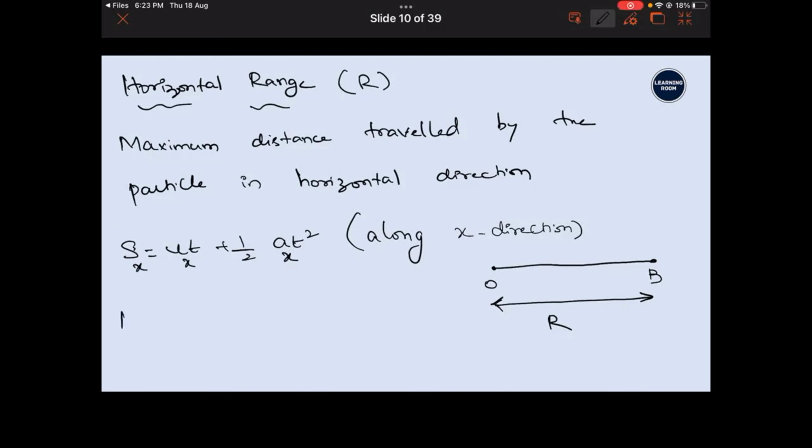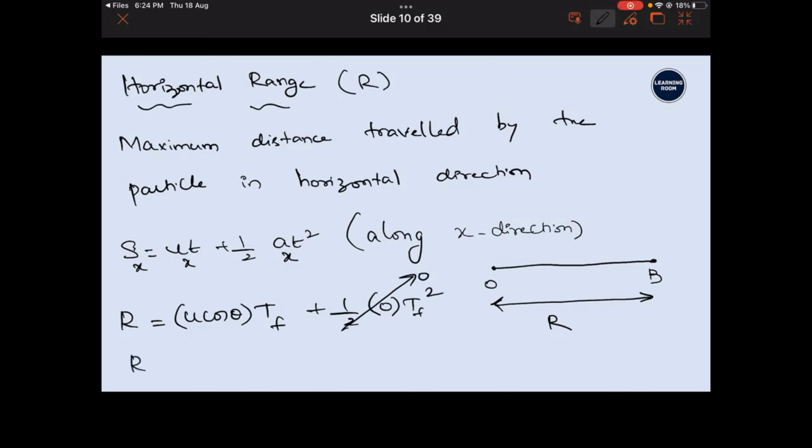It is R is equal to the initial velocity along X direction, U cos theta, into the time taken by the particle to go from point O to point B, which is the time of flight, plus half into acceleration along X direction, which is 0, into time of flight square. So this term is lost.